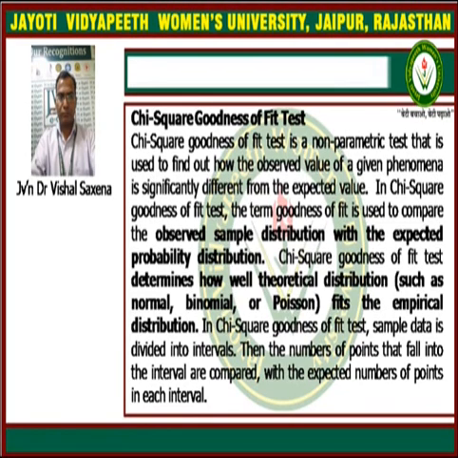Initially, the chi-square goodness of fit test is explained with its definition. The chi-square goodness of fit test determines how well a theoretical distribution, such as the normal, binomial or Poisson distribution, fits the empirical distribution.